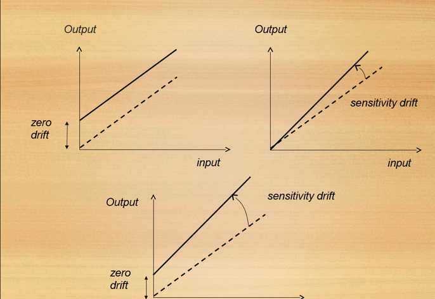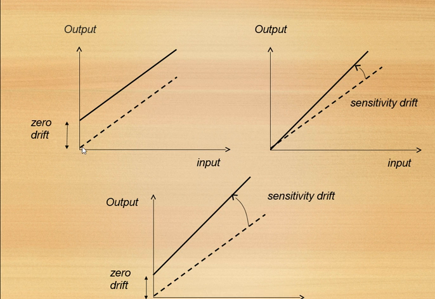If you want to see the graph of this, observe the left graph, the first graph. This graph is input versus output. This is our desirable output, or standard output curve.